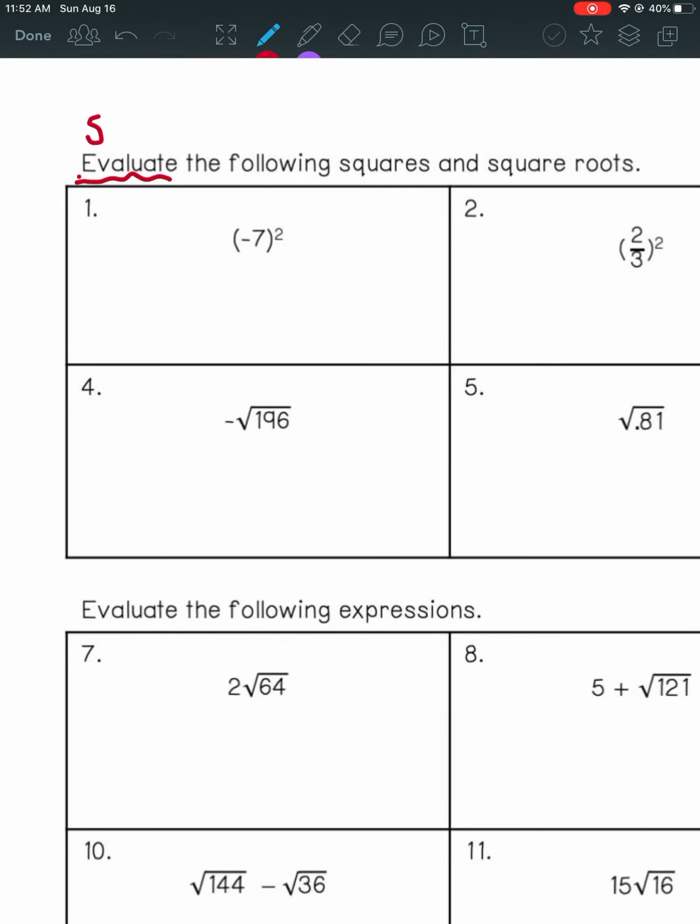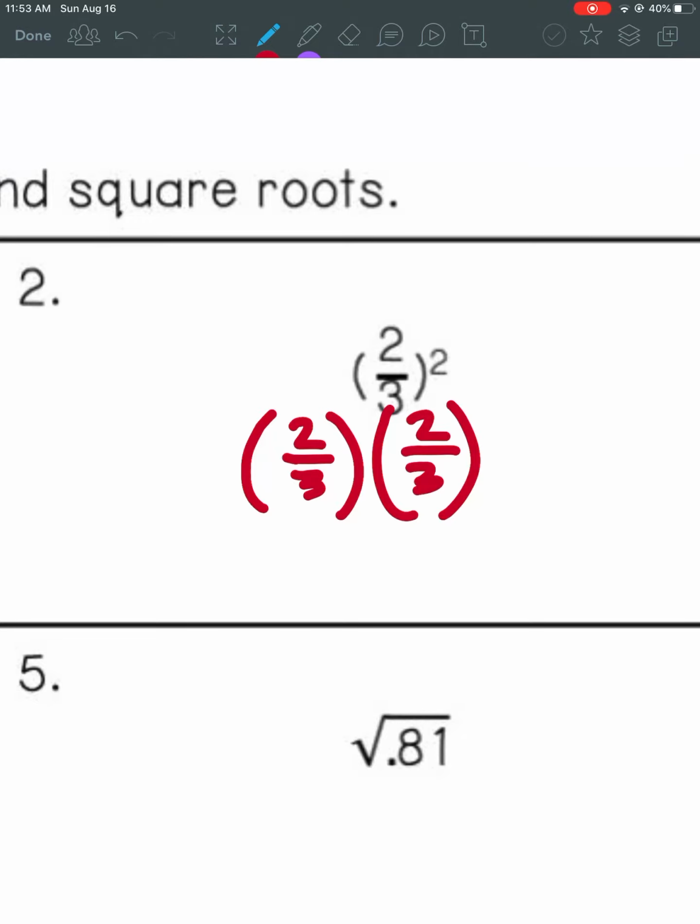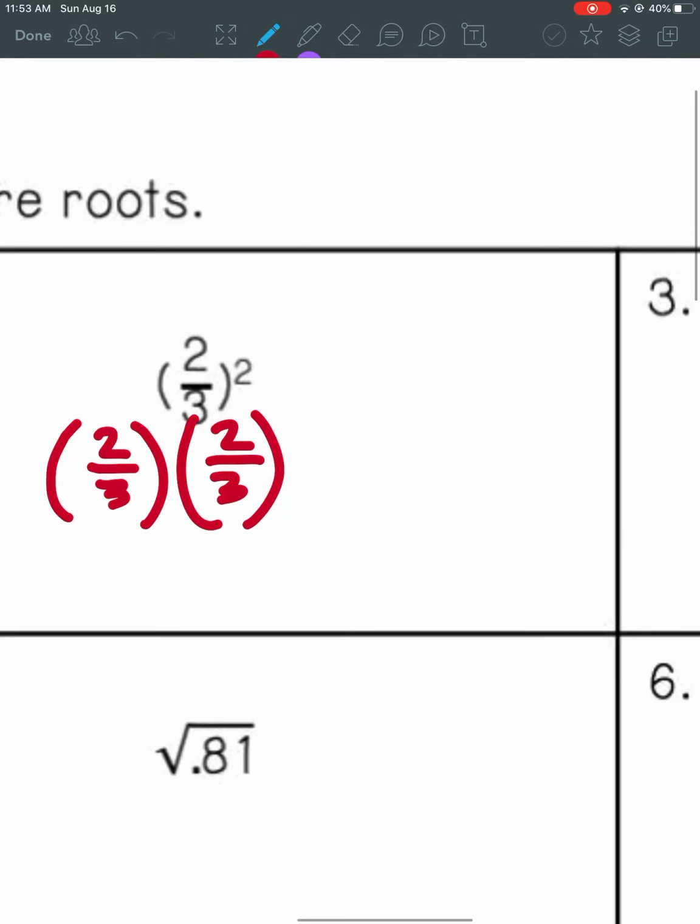All right, 2/3 squared, the next one. So what this means is 2/3 times 2/3. Multiplying fractions, we just multiply straight across. 2 times 2 is 4, and 3 times 3 is 9. So we have 4/9.